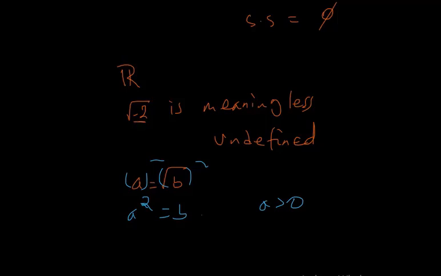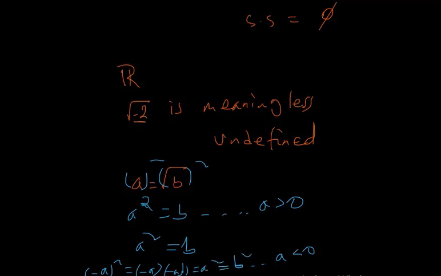In this case, you will get the value of b as a squared. Let's take again a as a negative number. When you multiply any negative number by itself, negative times negative is positive, you still get a squared. This is the same as b.